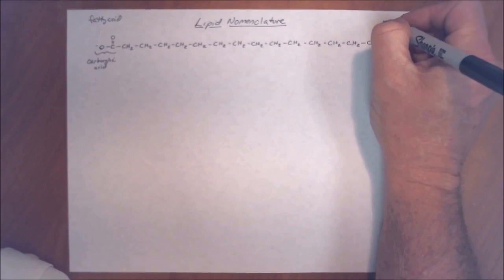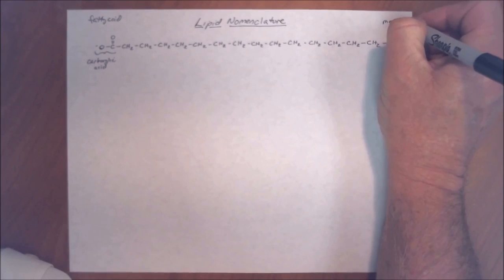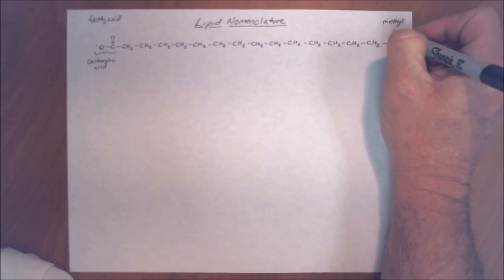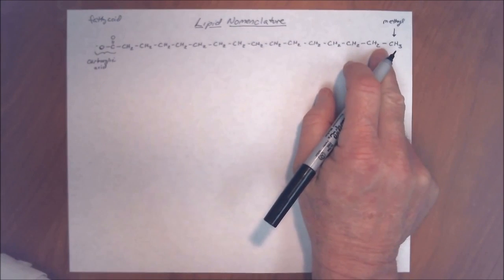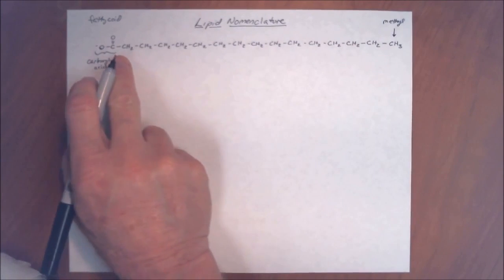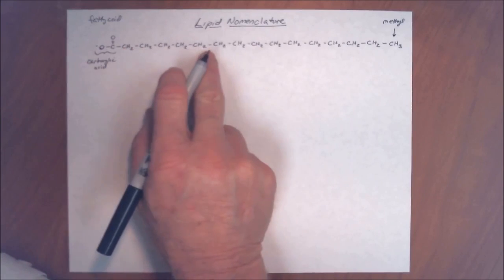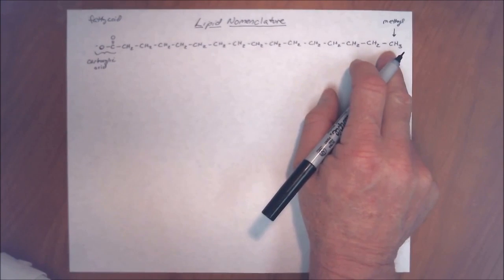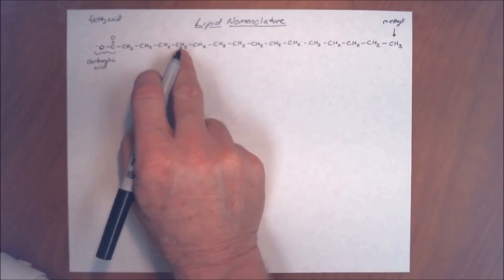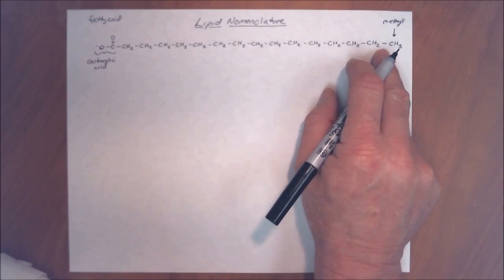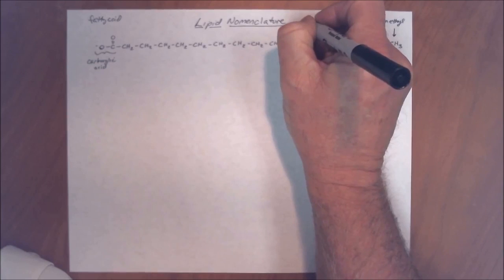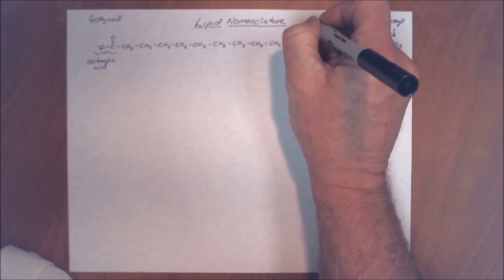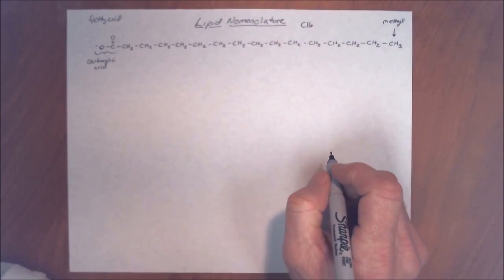You'll notice that there is a methyl group at the other end, and a long hydrocarbon chain connecting the two. This particular fatty acid has 16 carbons. The carbons are all linked together with single bonds, and so this is the fatty acid that we can make with the fatty acid synthase complex.